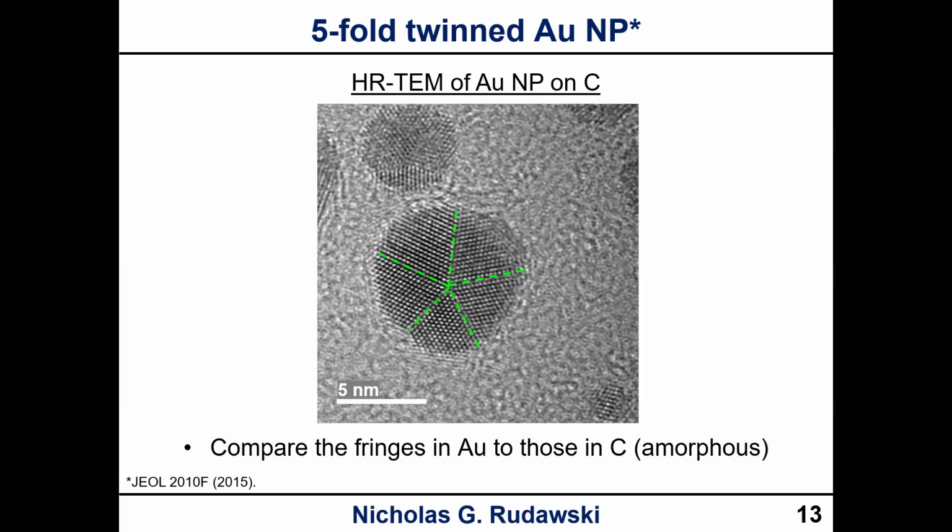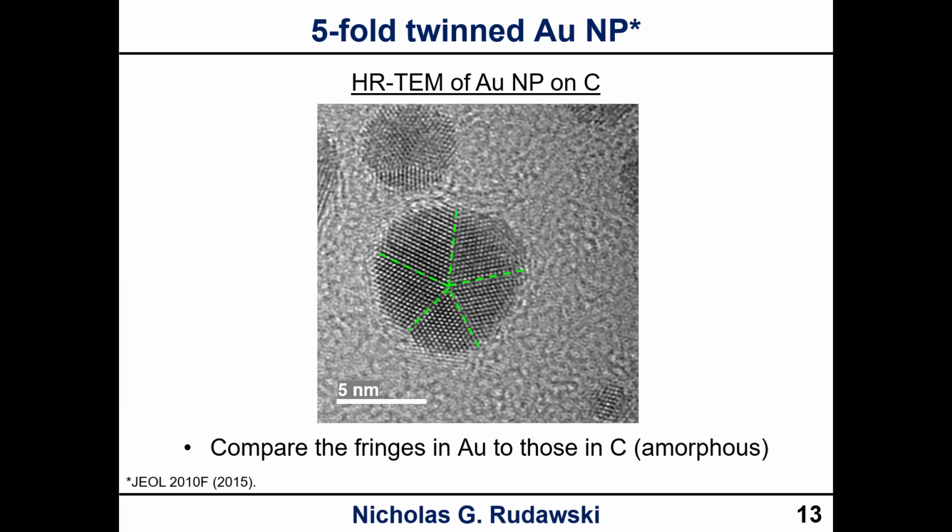The other thing to note too is that if I look at the fringes in the gold compared to the surrounding carbon, which is amorphous, I see some pretty substantial changes, okay? So in the gold, we have lattice fringes that are spatially ordered, meaning there's order to the oscillations, right? Very obviously, there's strong ordering.